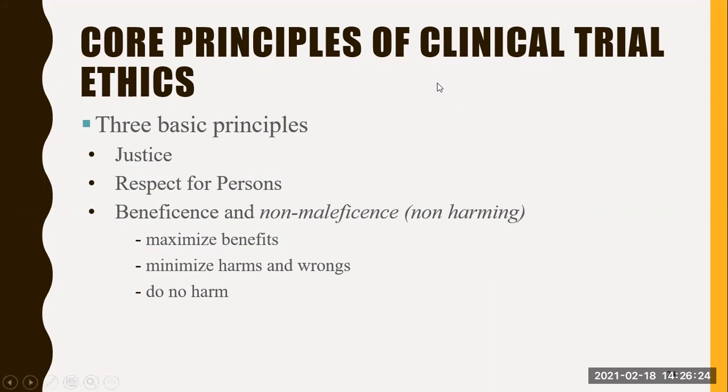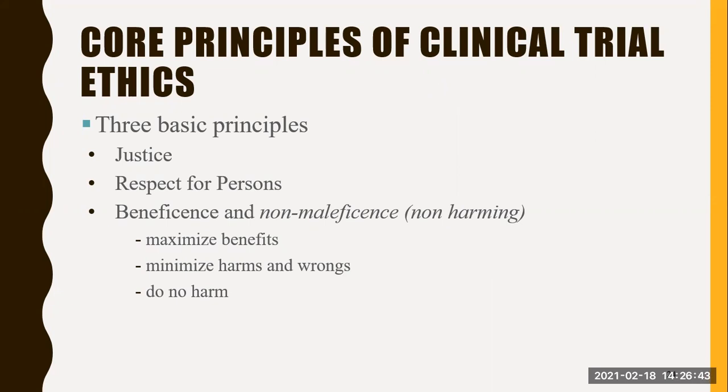Good morning, everyone. Yesterday, we started with ethical issues in clinical trials, and we have seen some of the declarations: the Nuremberg Code, then the Declaration of Helsinki, and the third one is the Belmont report.